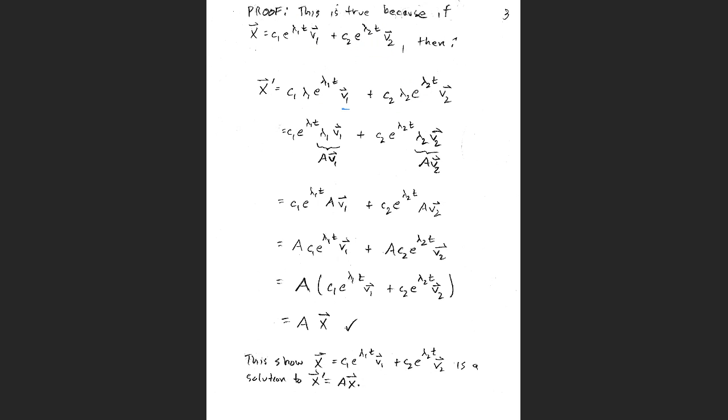My eigenvector v1 stays where it is, but I bring the e to the lambda 1 t over. That's a scalar function of t, and just like when you multiply terms together, you can rearrange them. I do the same thing for e to the lambda 2 t, bringing it in front of the eigenvector v2. Then I end up getting this expression here.